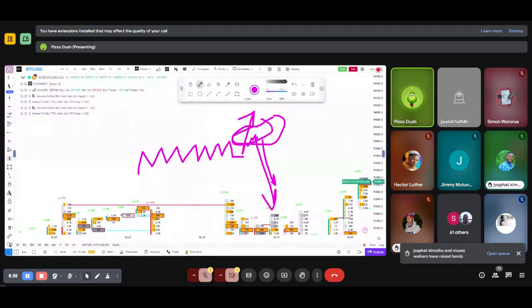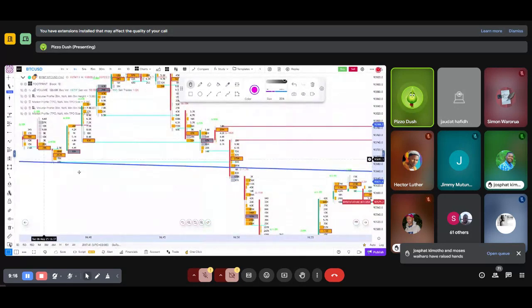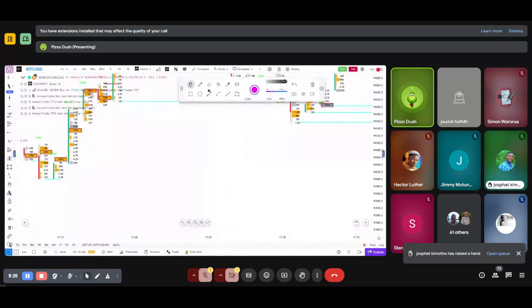Kama high volume indicates stronger trends, ni kumaanisha low volume indicates lack of interest. So most probably if it is low volume utapata price ikiconsolidate. Yeah, so you can basically know kama kuna high volume ama low volume depending on the average number of volume.